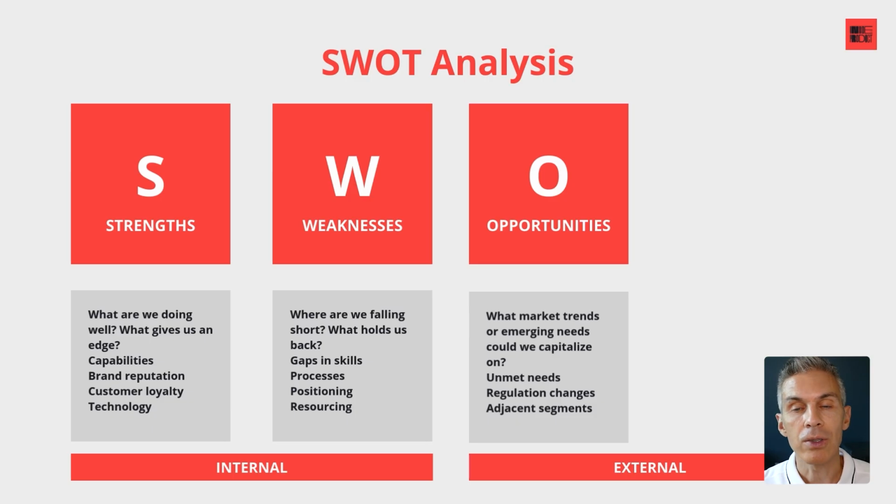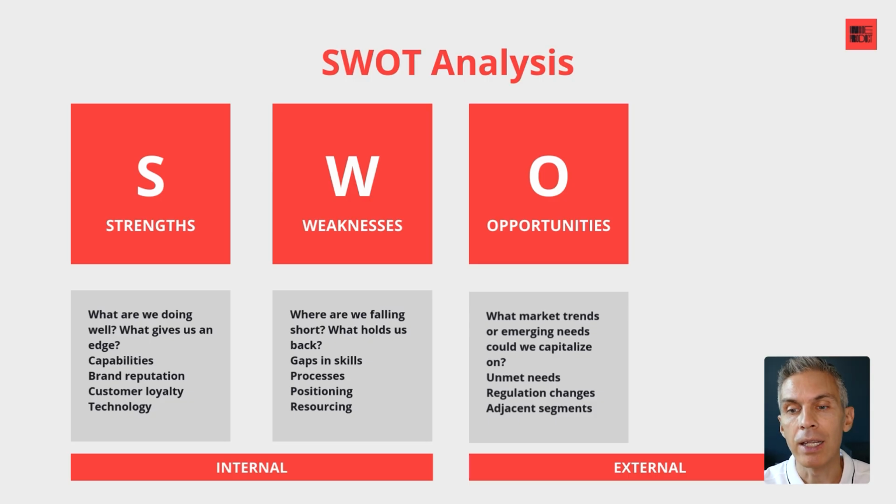It can also be adjacent segments. Many times, your competitors are working in a certain way, and everybody's kind of comfortable working in that way. But when you look at adjacent segments, they might be doing something different that you can take advantage of.